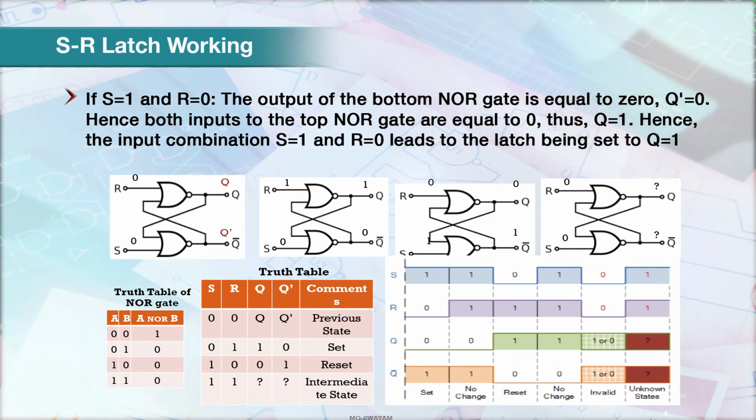Hence, both inputs to the top NOR gate are equal to 0. Thus, Q equal to 1. Hence the input combination S equal to 1 and R equal to 0 leads to the latch being set to Q equal to 1.